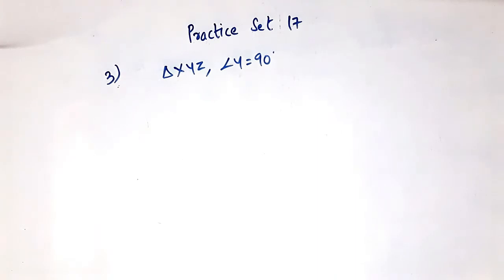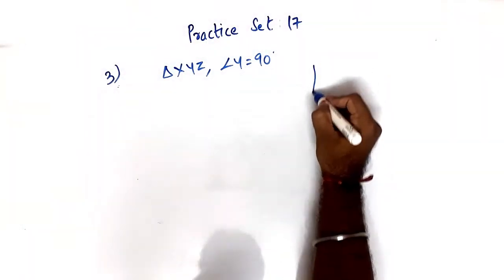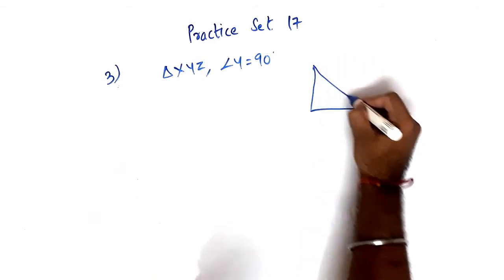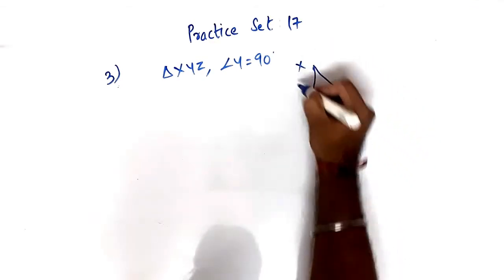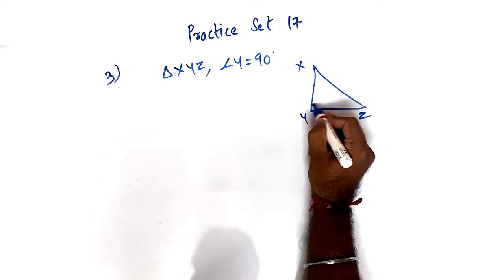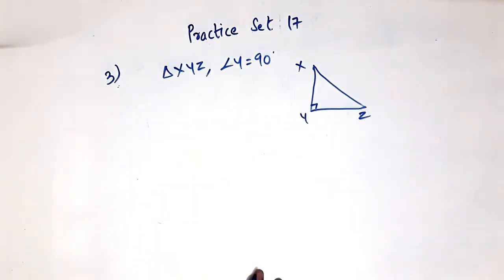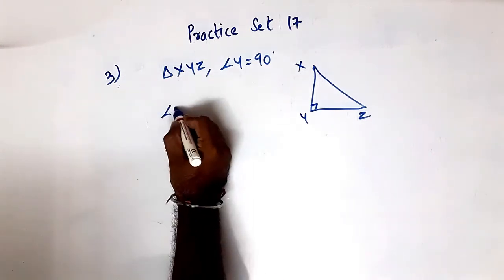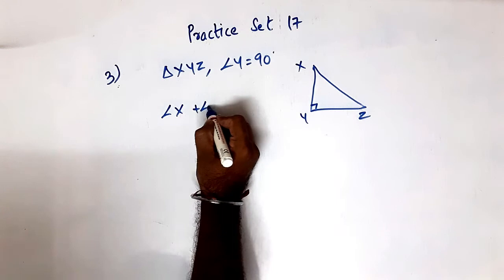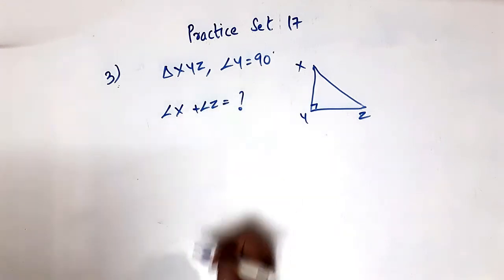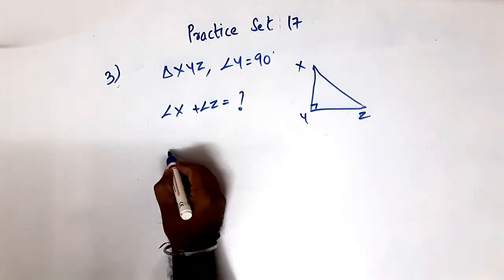Question number 3 states that in triangle XYZ, let me draw a triangle XYZ where angle Y is 90 degrees. Okay, so they have asked what kind of pair is angle X and angle Z. Okay, so we'll just find.